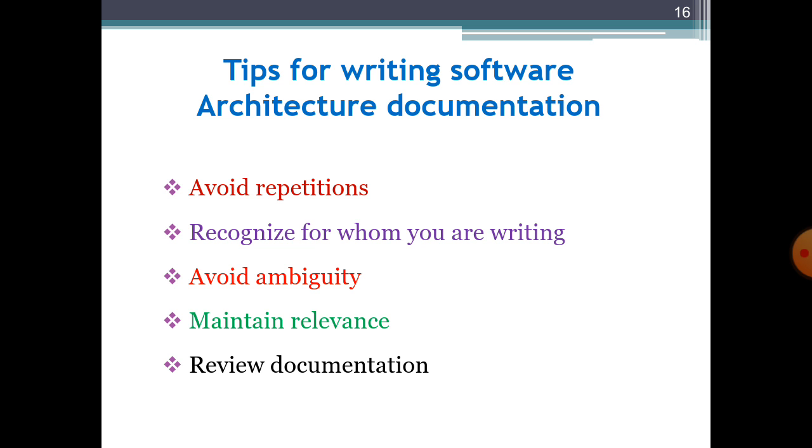This review is especially useful when you are starting to document architecture. So students, these are the most basic tips to write any software architecture. There may exist many other tips as well. These five are the most basic and the most important tips, from my personal point of view, which I shared with you in this slide.